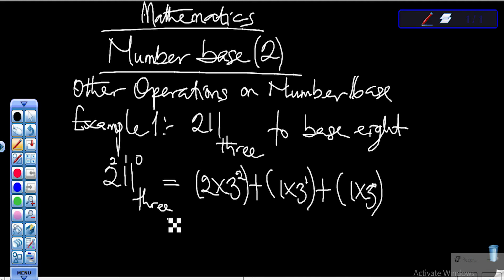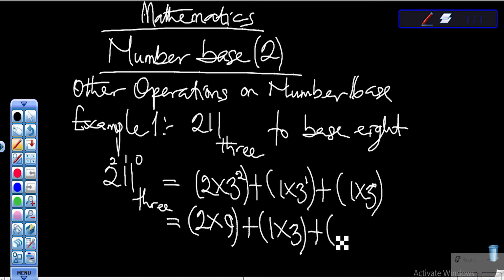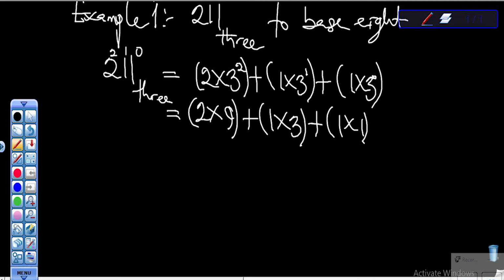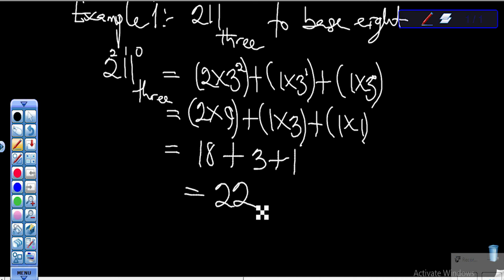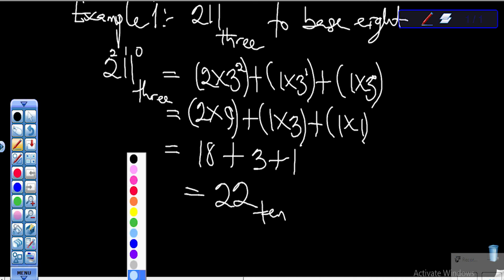This is the same thing as 2 times 9 plus 1 times 3 plus 1 times 1, as any n raised to the power 0 is 1. So we have 18 plus 3 plus 1, and this is going to give me 22 base 10. That's the fact. Note it.